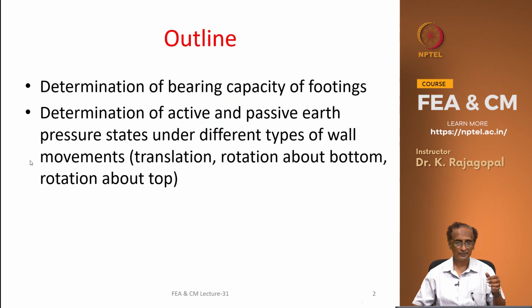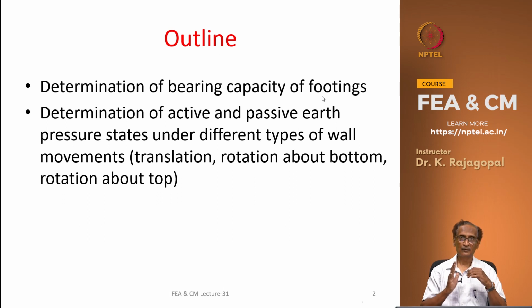The brief outline is determination of bearing capacity factors, and then determination of the active and the passive earth pressures, and we will see how to incorporate the effect of different types of wall movement, that is lateral translation, corresponding to Rankine's active earth pressure theory or passive earth pressure theory, where he assumed that the entire wall deforms laterally either away from the soil or into the soil, or we can consider rotation about the bottom and rotation about the top.